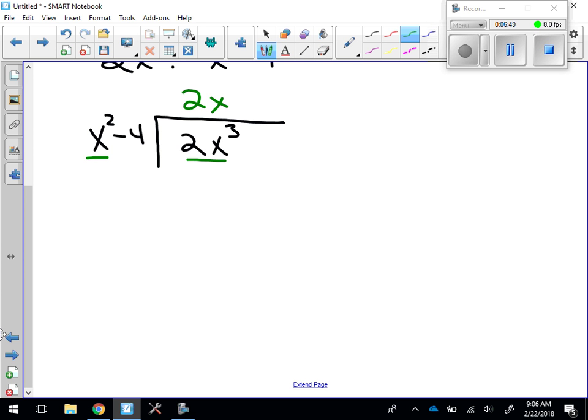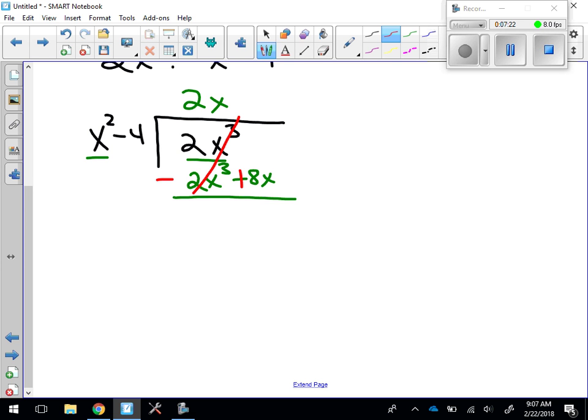Okay, so remember when we're doing long division, we multiply around. So 2x times 2x squared is 2x times negative 4 is minus 8x. Remember that you're subtracting, so you have to go through and change all your positives to negatives and all your negatives to positives.